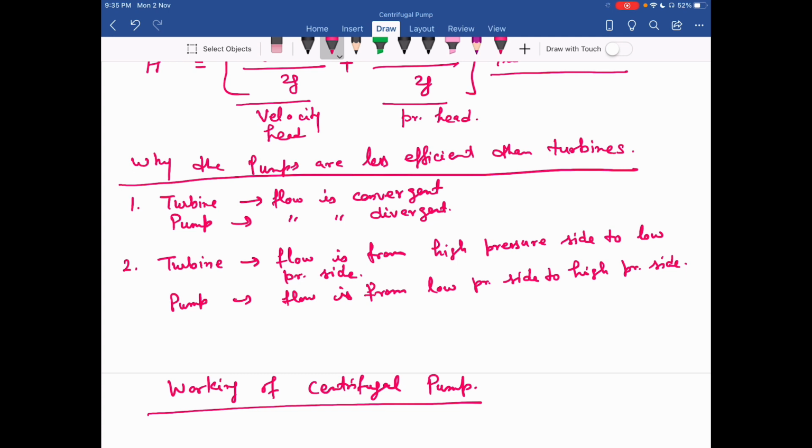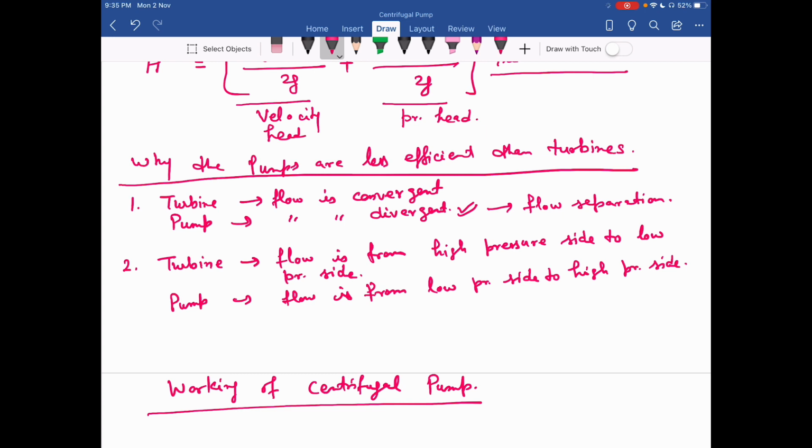Okay, now you can see in a divergent flow, there is a chance of flow separation. So flow is separating from the blades. So that's why eddies are formed, the eddy losses are created.